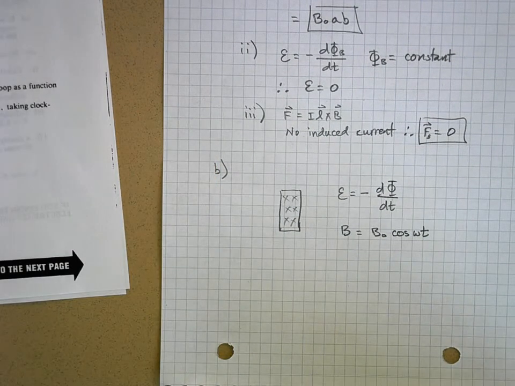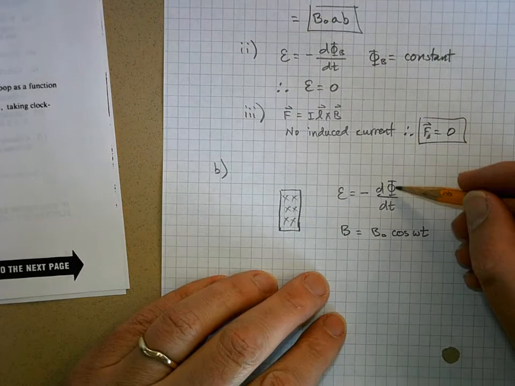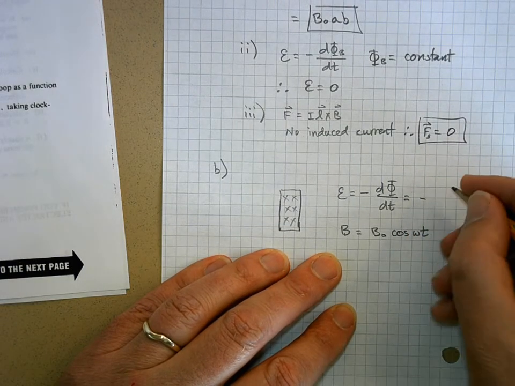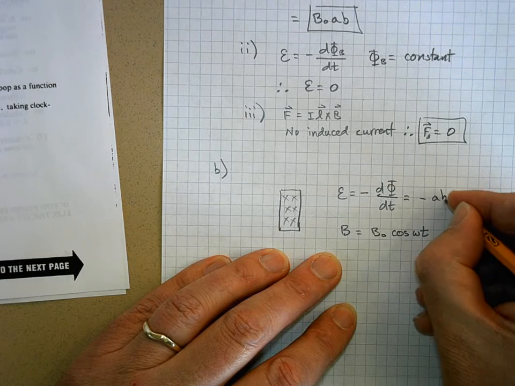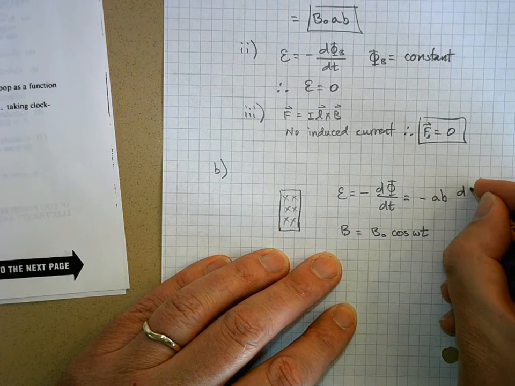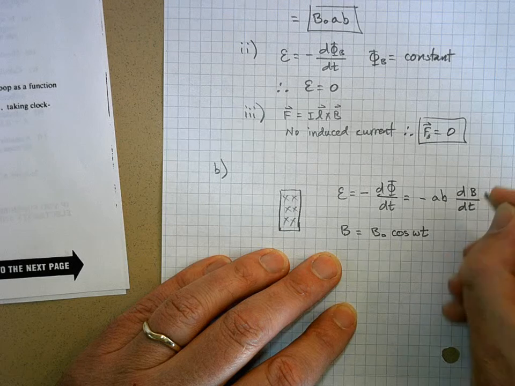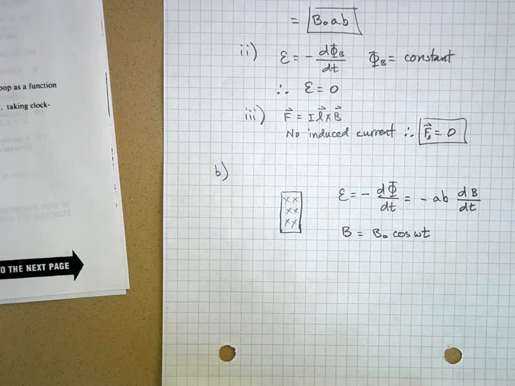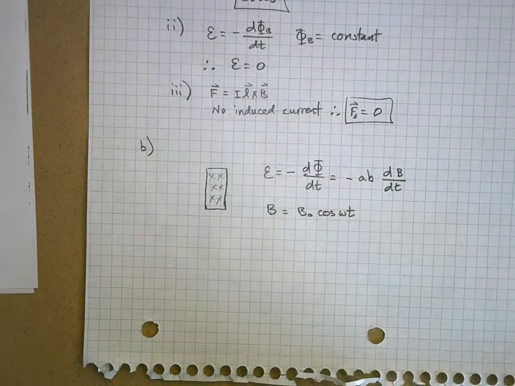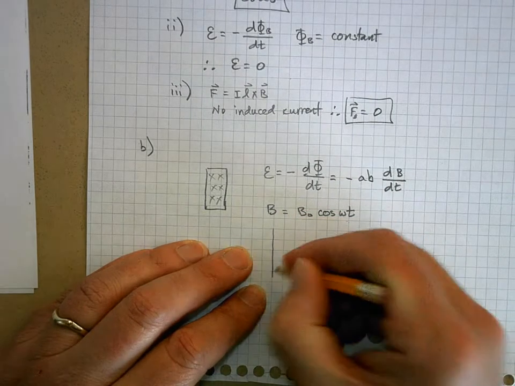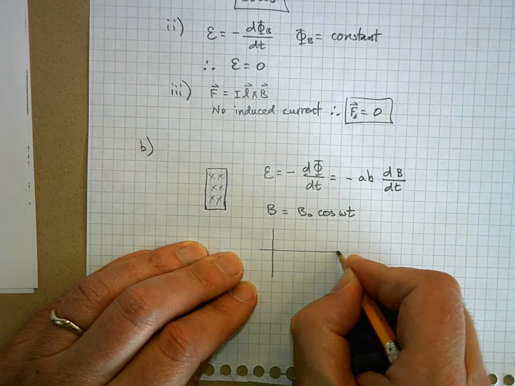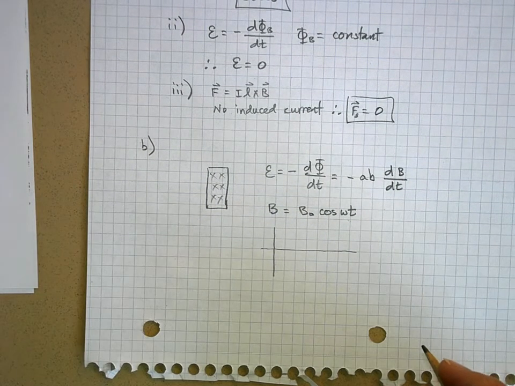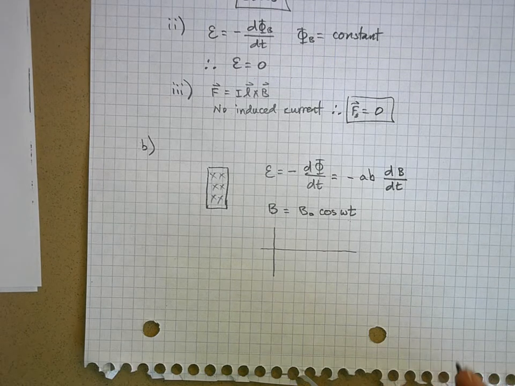So I know that E is equal to negative, well, the area doesn't change, so the area comes out, and this is going to be dB dt, where B is this function right here. I'm just going to graph B for a second. At omega t equals pi over 2, that's 1/4 of our way.